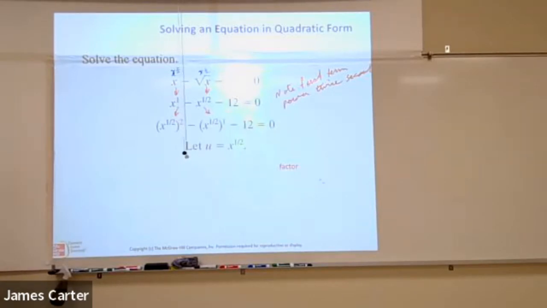Now they're kind of showing that as a 2/2. Okay, we can work this. They're going to do a substitution. Let u equal the square root of x. Okay, we get that.